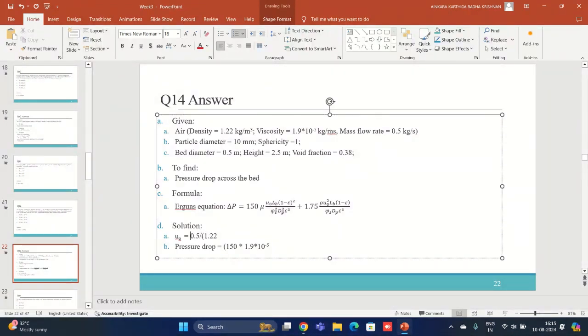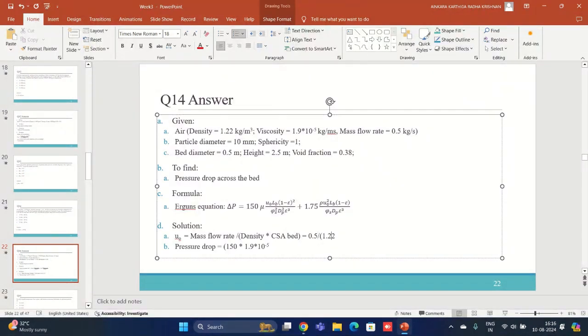So we are dividing the mass flow rate by density into the CSA of the bed.